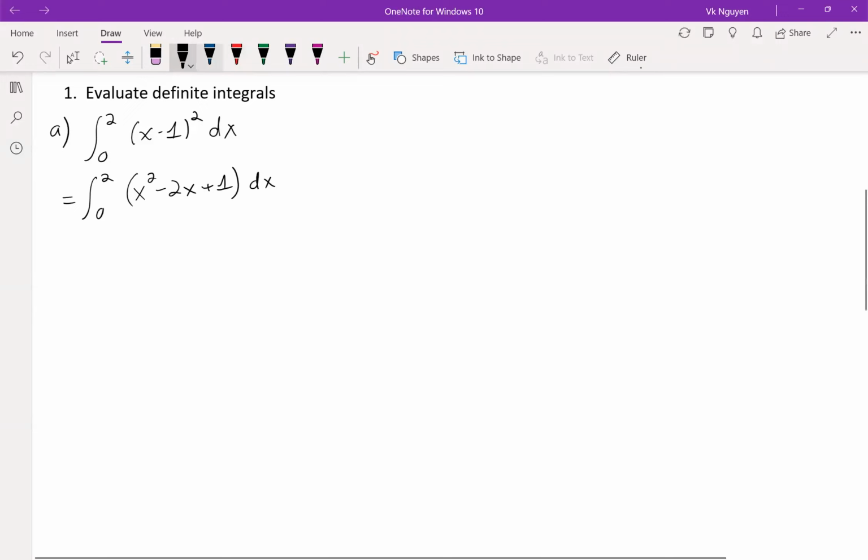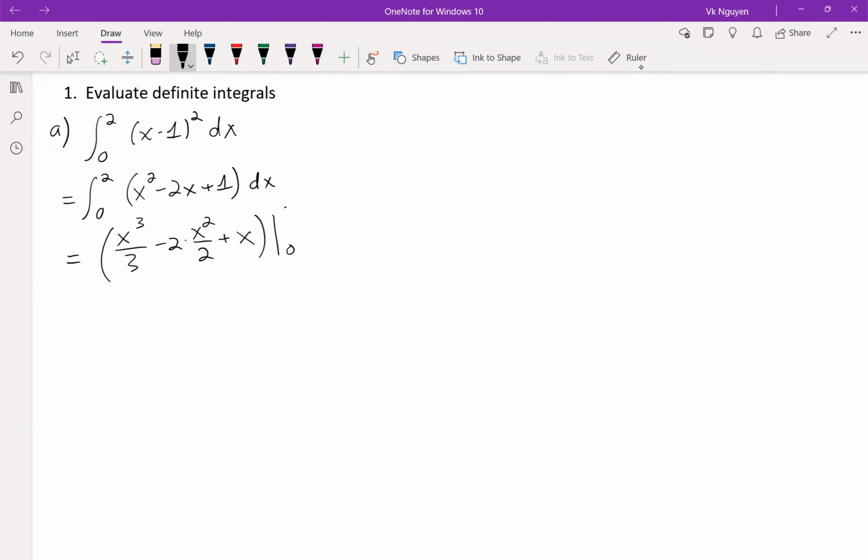Now take the antiderivative of each term. The antiderivative of x squared is x cubed over 3. The antiderivative of x is x squared over 2, and the antiderivative of 1 is x. Evaluate from 0 to 2. So in order to evaluate this, we sub in 2 first, and then we sub in 0.